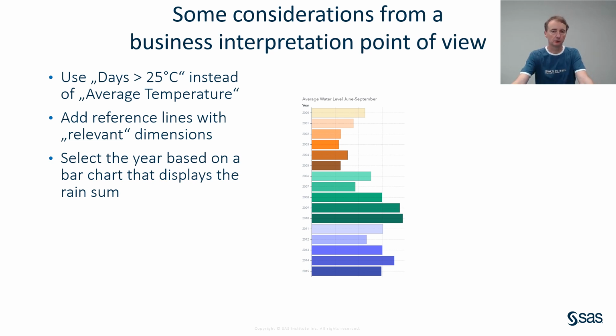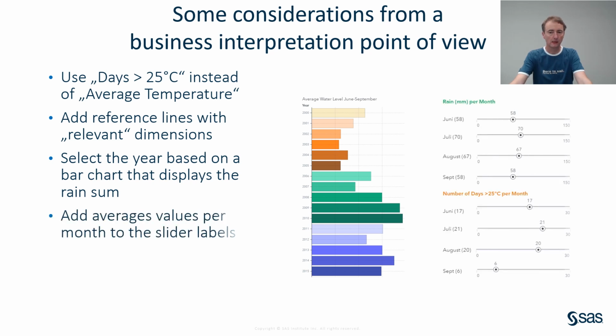And finally, in the sliders in the simulation analysis, I added the average over the last 20 years of the average rain per month and the average number of days above a certain degree level per month into the label, so it's easy for us to understand whether what I'm specifying here is a year with a value above average or below average. And this all makes sense to understand your data science analysis better, interpret it in a better way, and explain it to the business user.